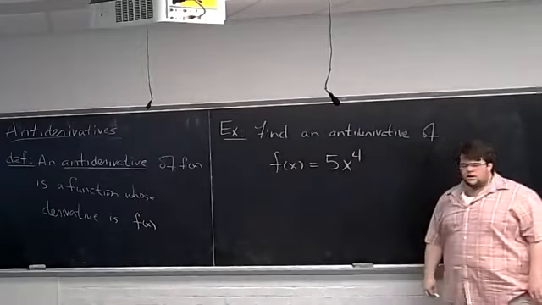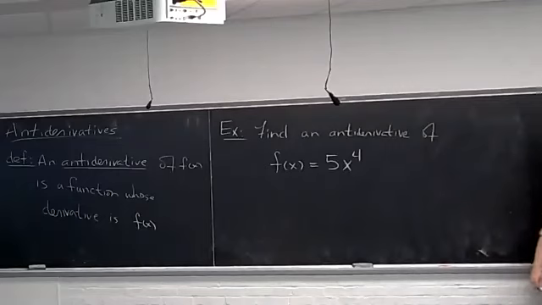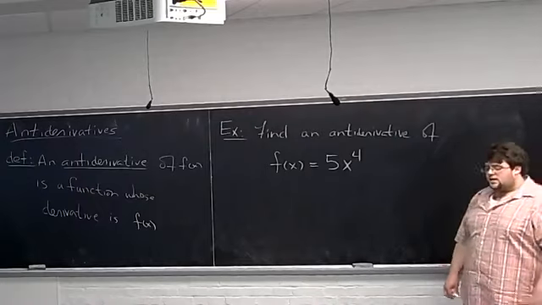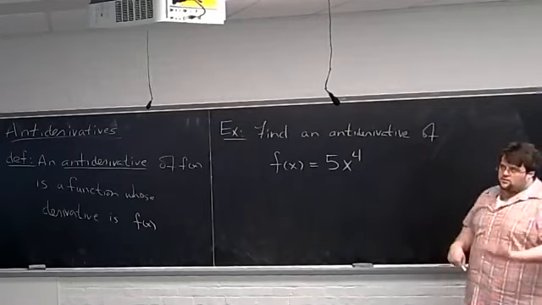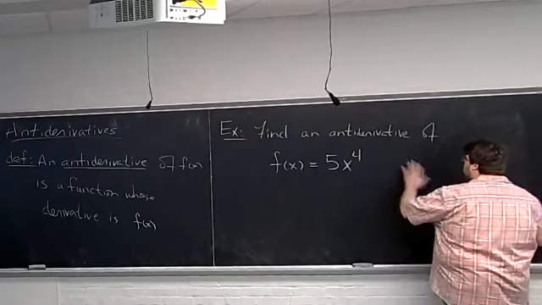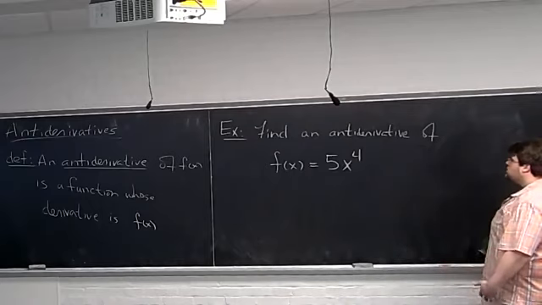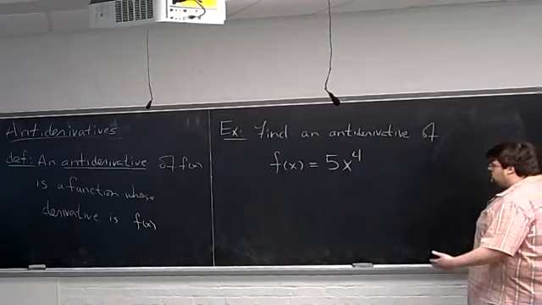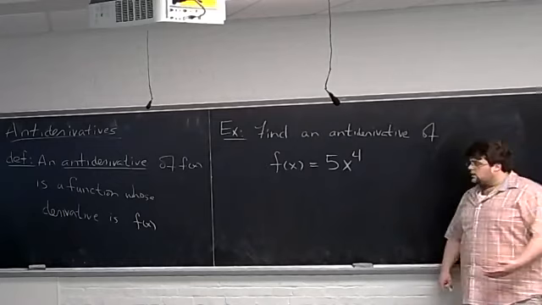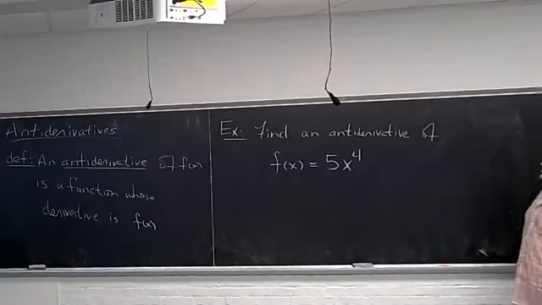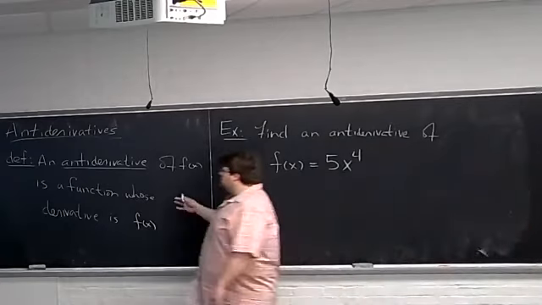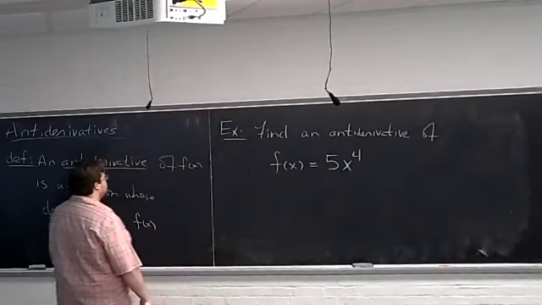And here we're going to call our antiderivative capital F. Now, another reason antiderivatives are a little more complicated than just finding derivatives is that the derivative was unique. Given a function, it had a unique derivative. Antiderivatives are not unique, meaning given a function, you can find multiple, in fact, infinitely many antiderivatives. Find a function whose derivative is 5x to the fourth is another way of phrasing this.